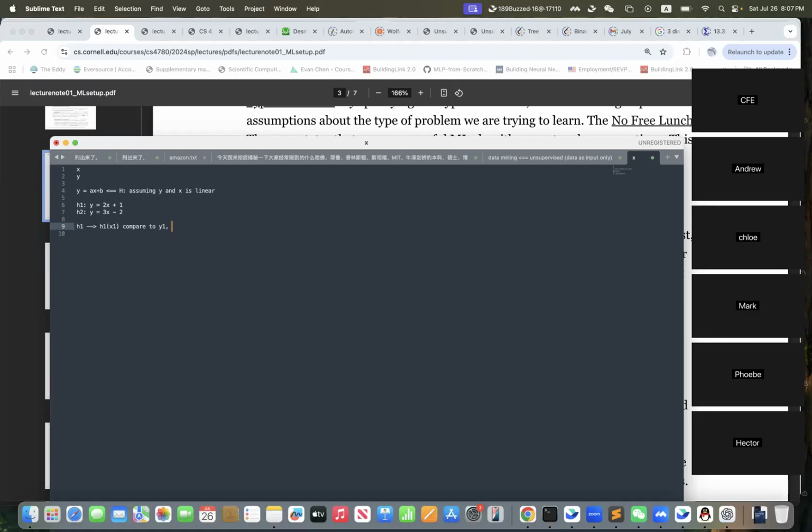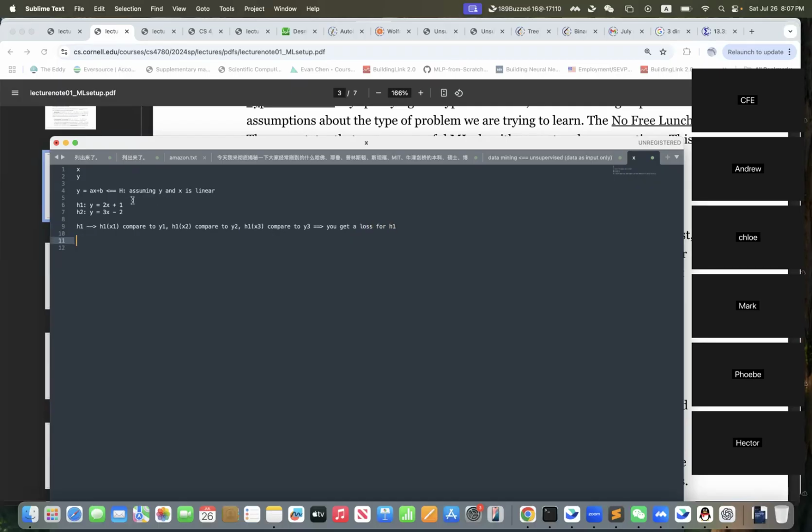Then you use h1 on x2 and compare to y2, and you also get a loss, right? And you use h1 on x3 and compare to y3, you still get a loss, right? So you get a loss for h1.